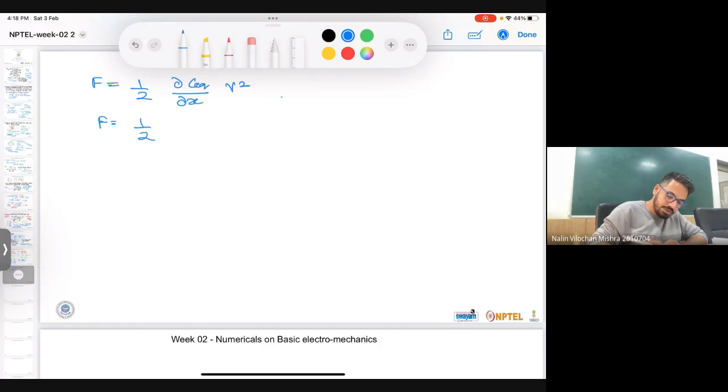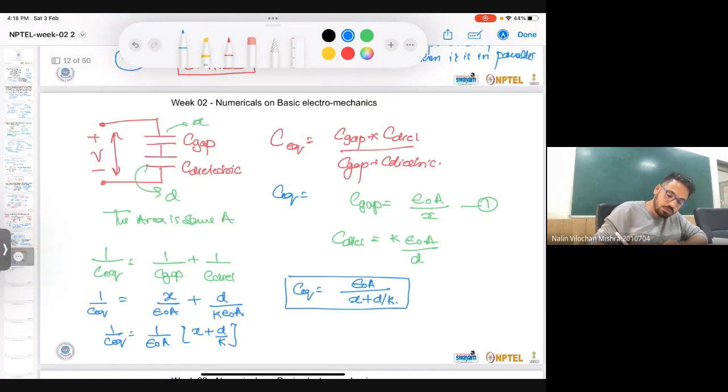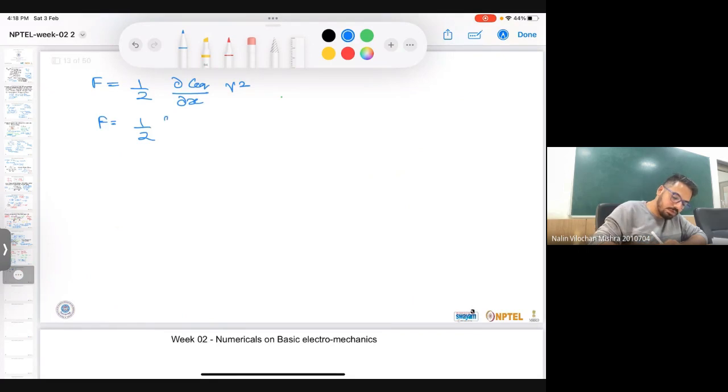Half differentiation of this value with respect to x will give you minus epsilon A by x plus d by k whole square V square.